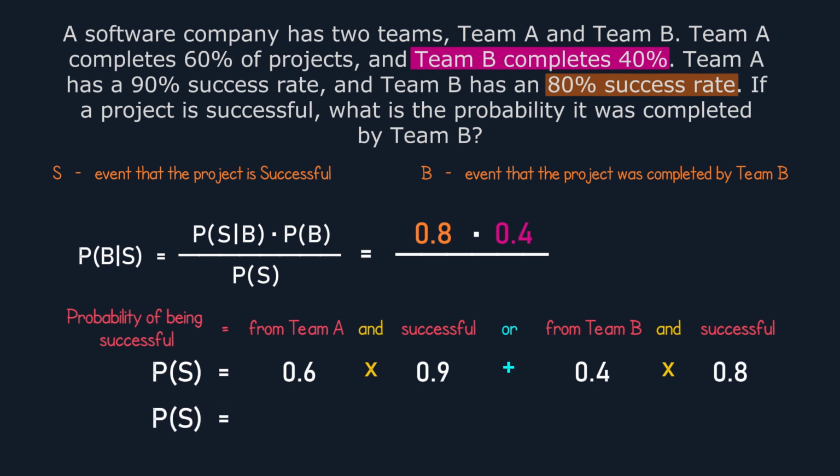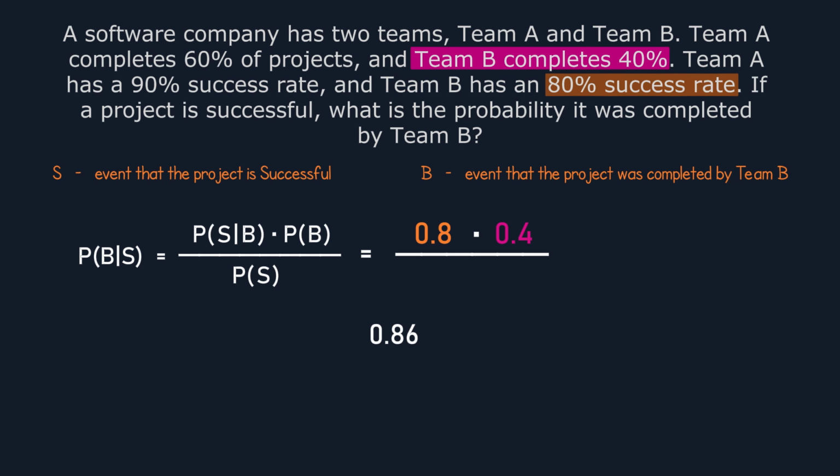This gives us 0.86 or 86%. Now, if we substitute this value to the main formula, we will get 0.372, or the probability that the successful project was completed by Team B is approximately 37.2%. As easy as that. Now let's crank up and answer this last problem.